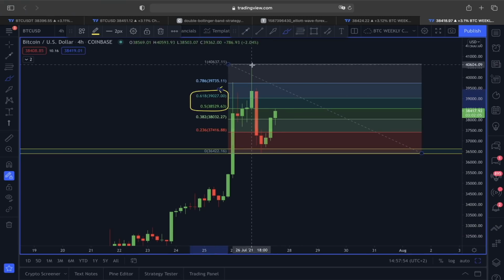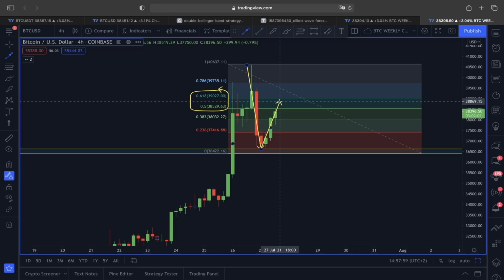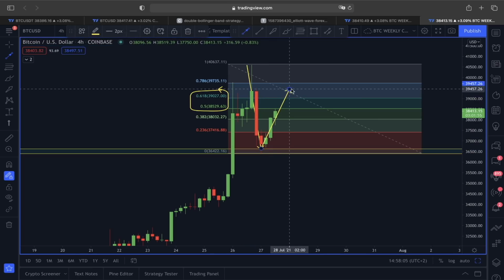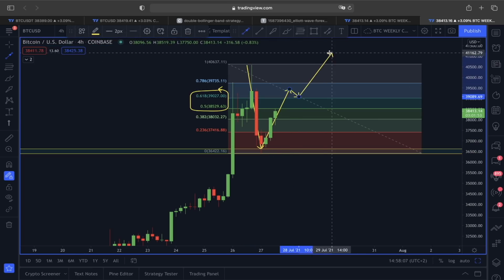Because in a dead cat bounce, we have always seen price showing a relief rally type of scenario, but it is never going to close above this 0.5 or this 0.618, because if it closes above this 0.618, then this is a sign that this is not a dead cat bounce and price is actually heading to the upside.